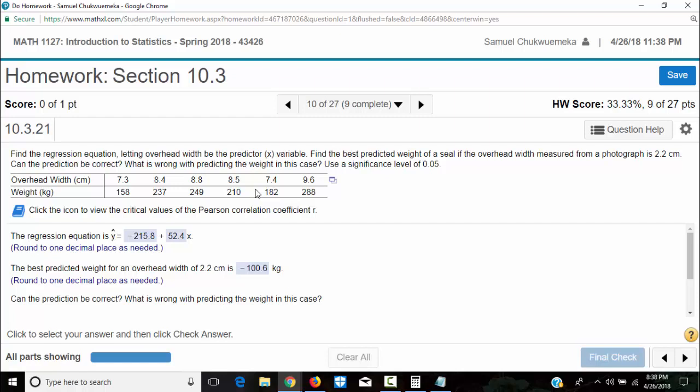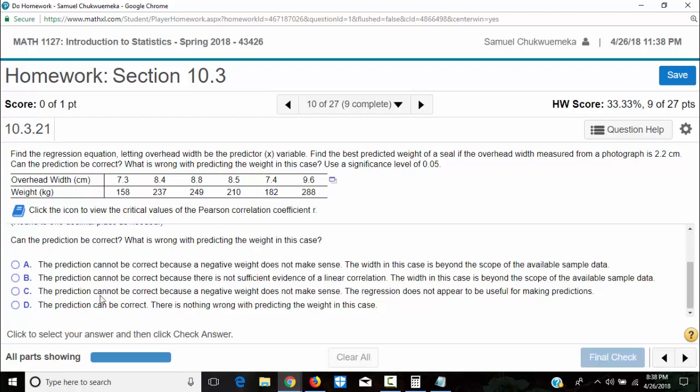Number two, if the given value of the explanatory variable is within the scope of the data for which you found a regression equation. 2.2 is outside the scope. So if you look at these options here, let's see.